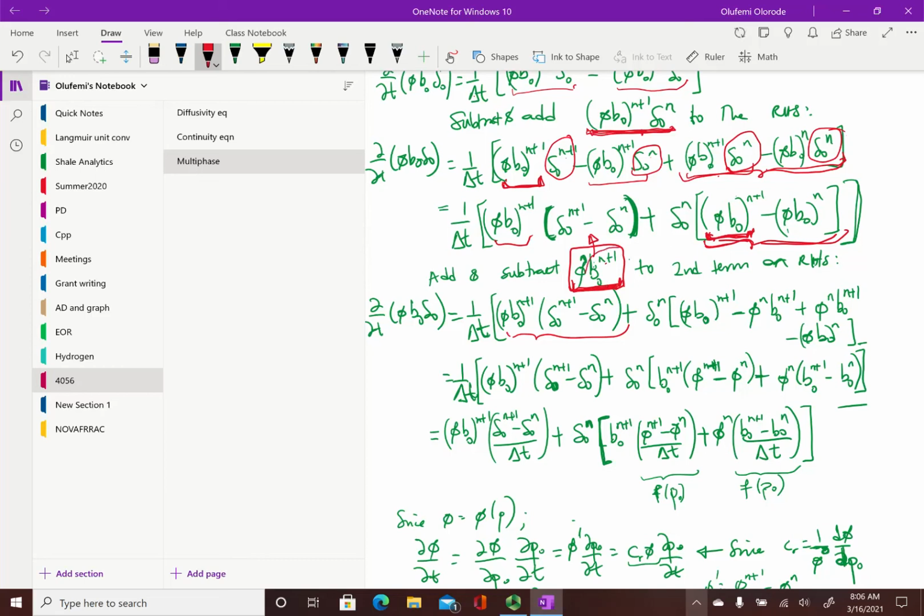B naught at n plus 1 is common, right? Which is this. So I actually showed the step here. This term is this term. We subtract this and add it, and then subtract this. And when you factorize these two, you get this term. Factorize these two, you get this term.